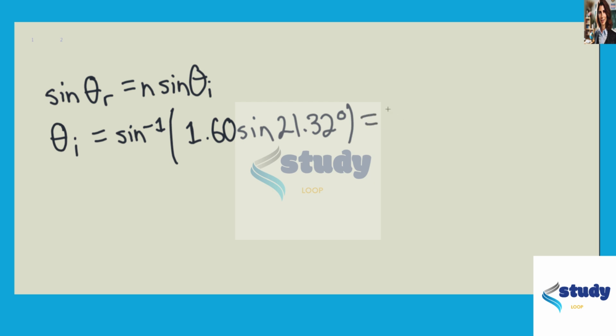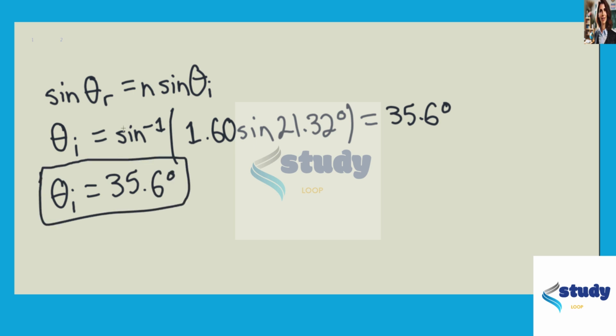This equals 35.6 degrees. So the smallest angle of incidence at which the ray can enter the prism is theta sub I, again, 35.6 degrees. This would be our answer for part A.